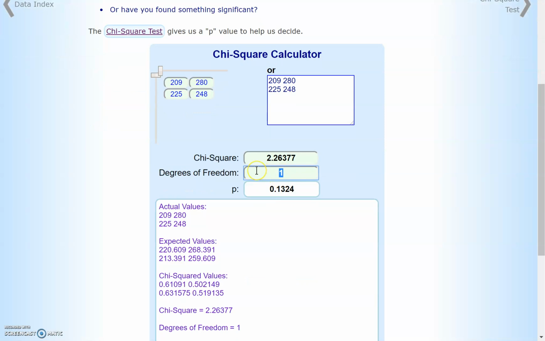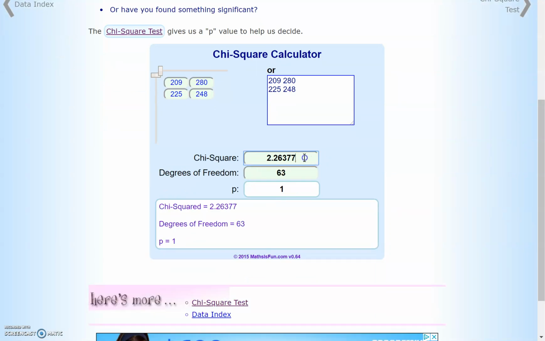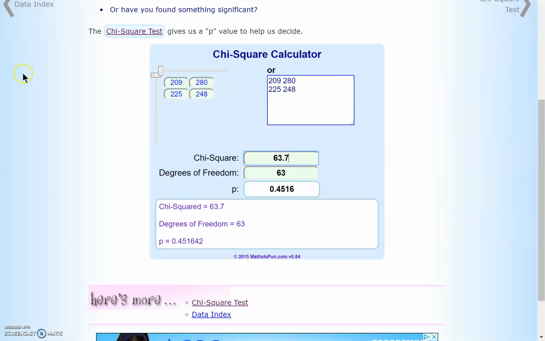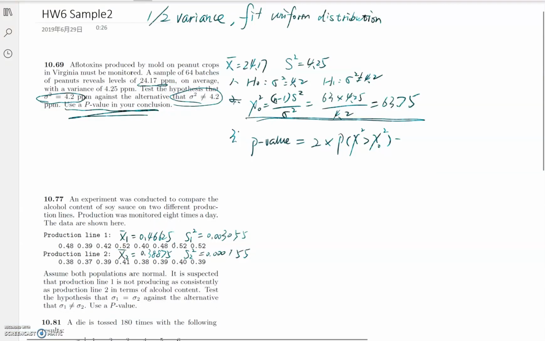Our degree of freedom is 63, and the chi-square is 63.75. No, this is the one side of the region. So it's 2 times 0.4499, which equals 0.8998. It's greater than 0.05, so we conclude failed to reject H0.